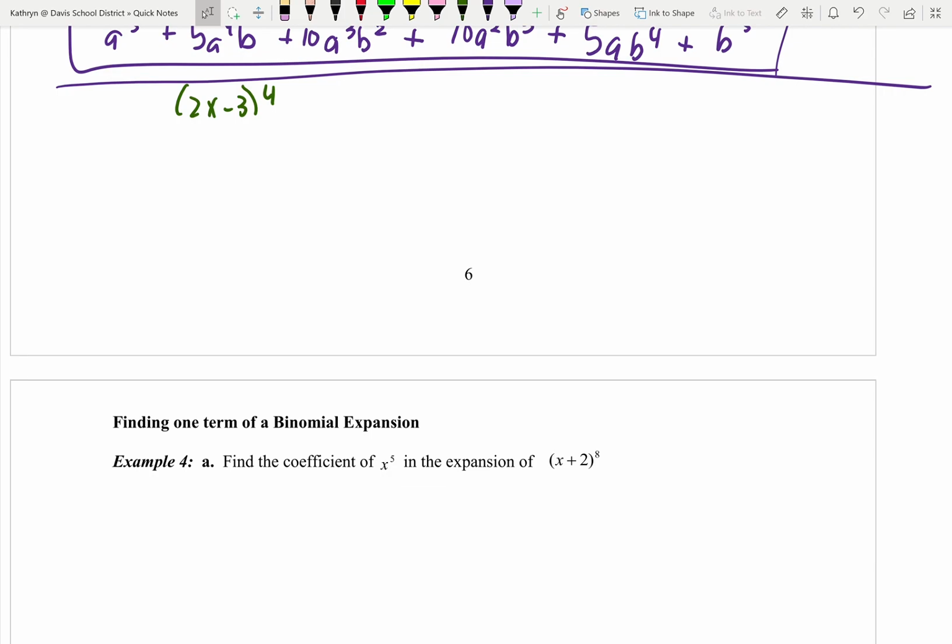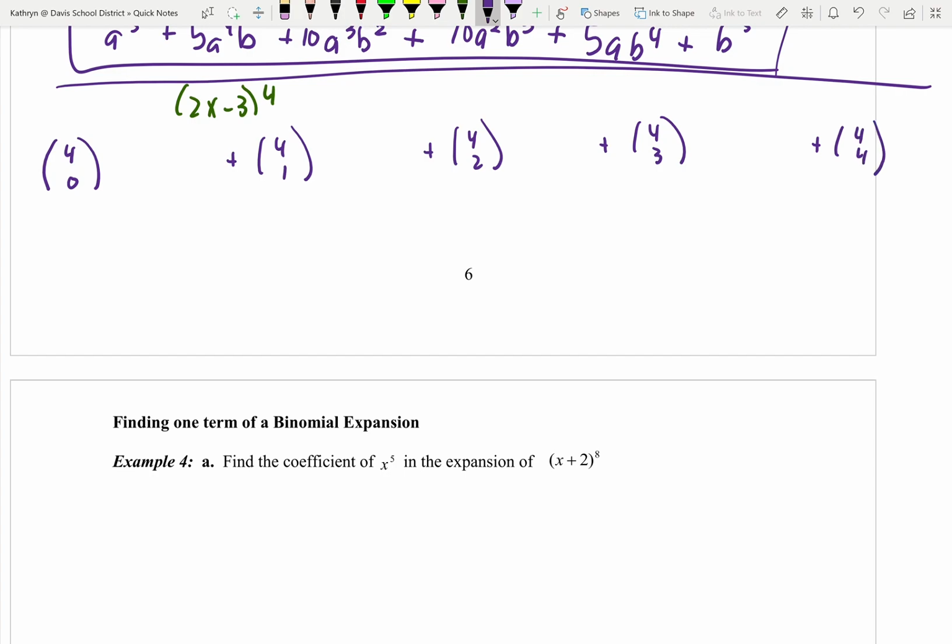Okay, see that a big exponent's a 4? So I'm going to start with 4, 0. Then I'm going to do 4, 1. Then I'm going to do 4, 2. Then I'm going to do 4, 3. And then I'm going to do 4, 4. Now, here's where people mess up right here.